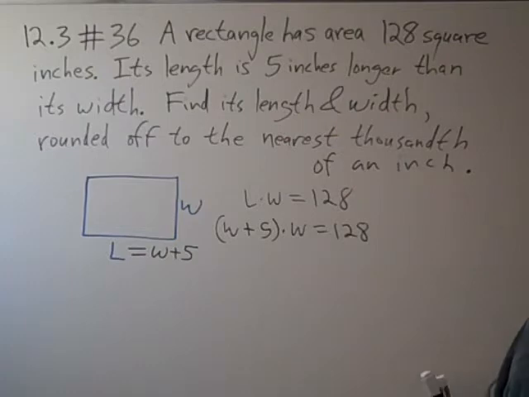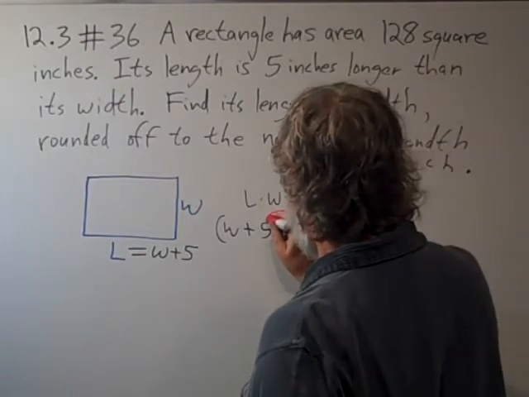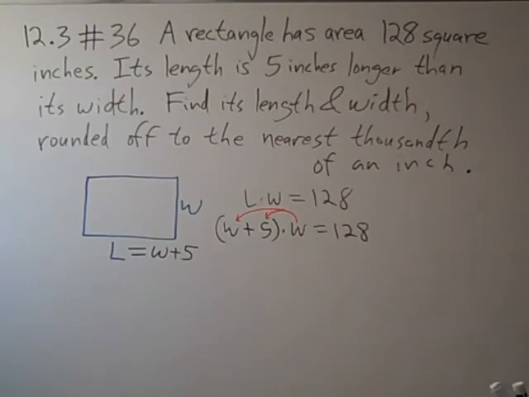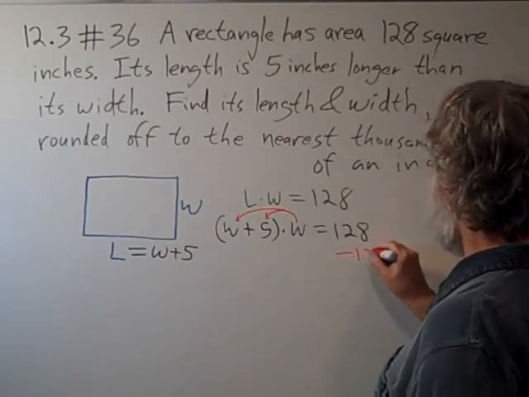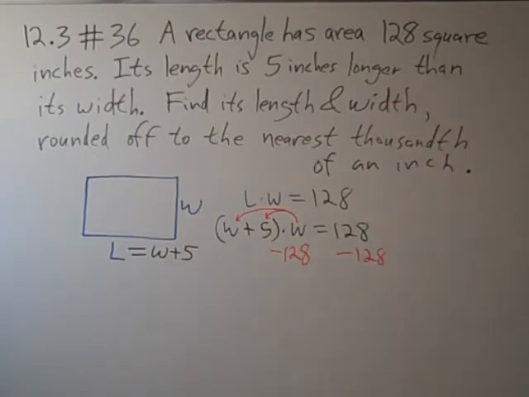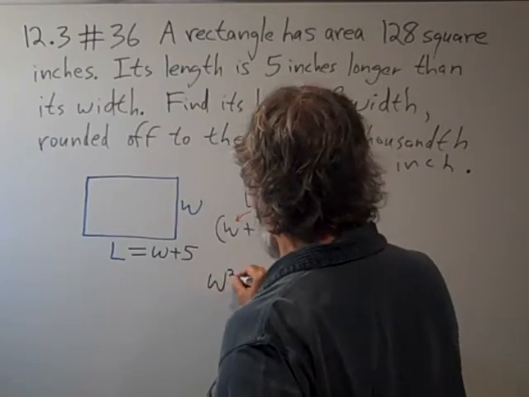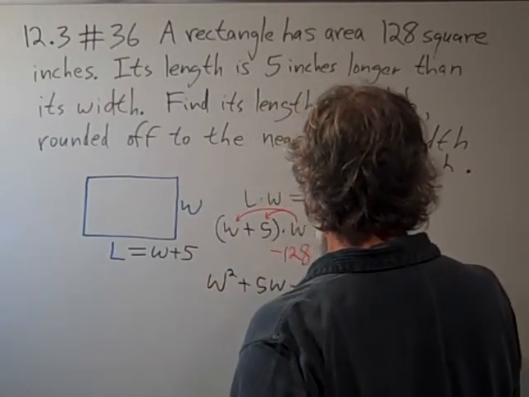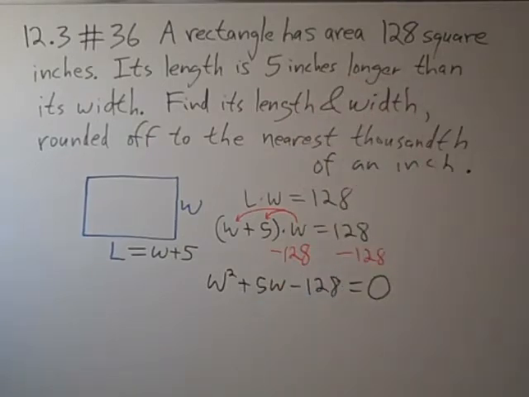And if we distribute the W through the parentheses here, and at the same time let's subtract 128 from both sides, then we get W squared plus 5W minus 128 is equal to 0. The quadratic equation in standard form here.